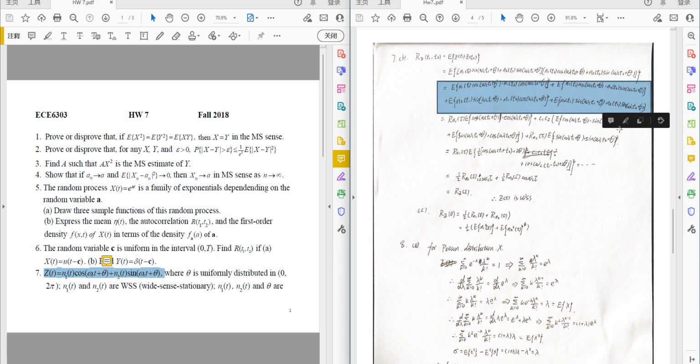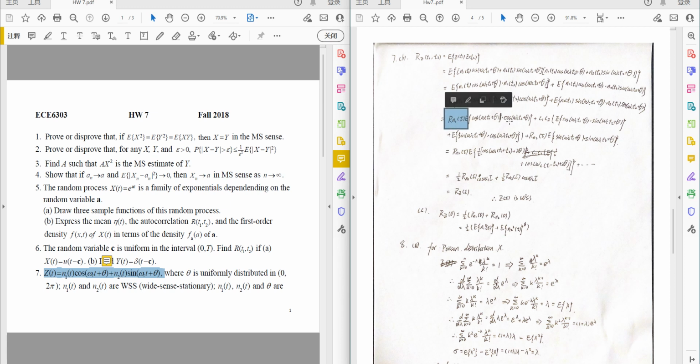And this time, we can replace the expectations of N1 and N2 by R_N1 or R_N2 and a constant. Like we see the expectation of N1(t1) times N1(t2), we can get this one, R_N1(tau).